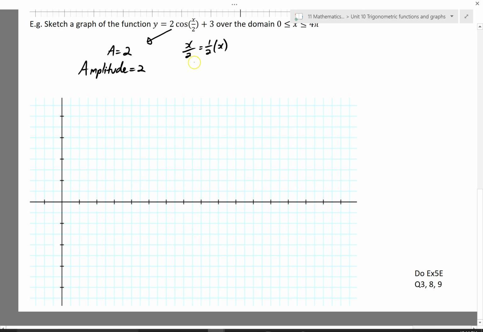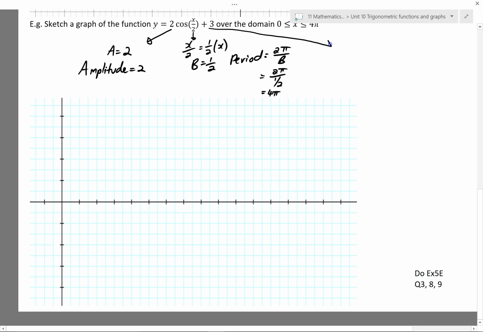So my b value is a half, and therefore my period will be 2 pi on b, or 2 pi on a half. Okay, I'll end up with a period of 4 pi. And finally, my d value of 3 means that my average value is 3.